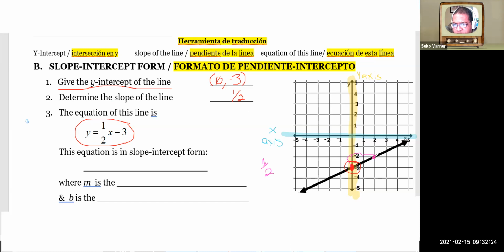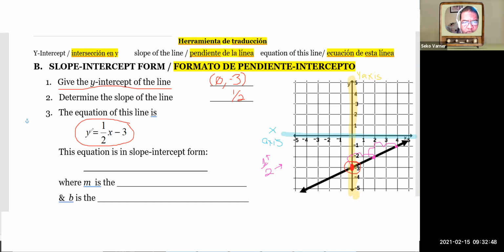And let's try it again. I'm going to go up 1, over 2. And here's another point right here. So it's up 1 and to the right 2. Okay. So we found the slope.